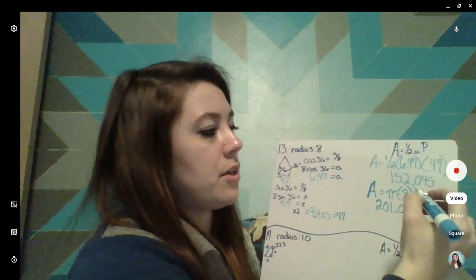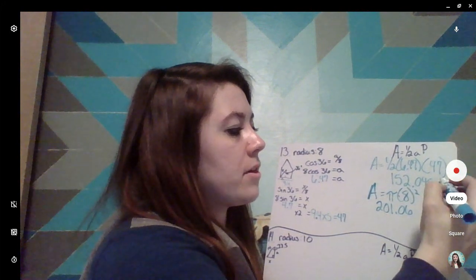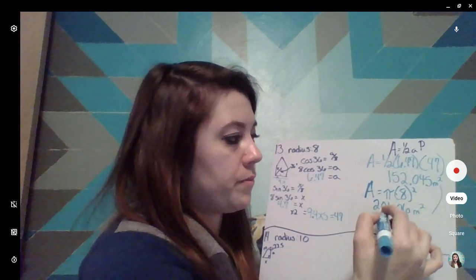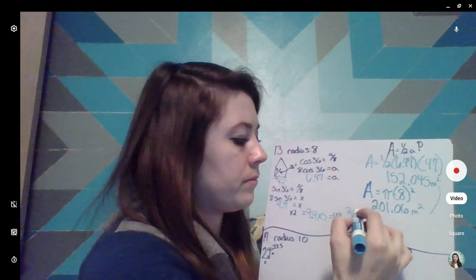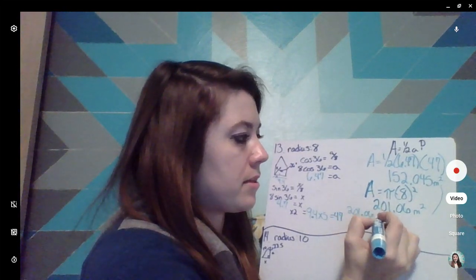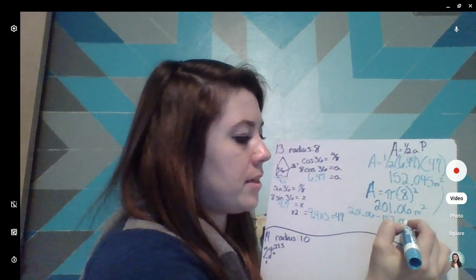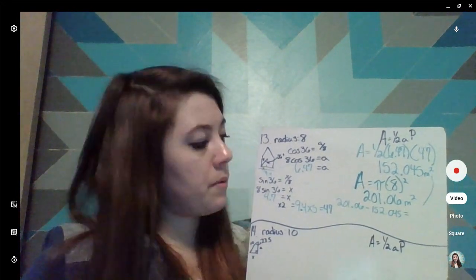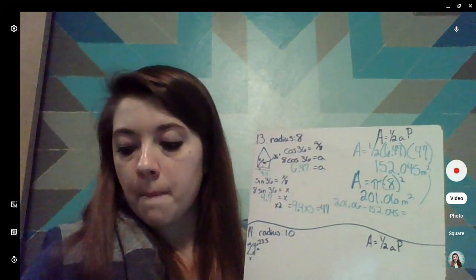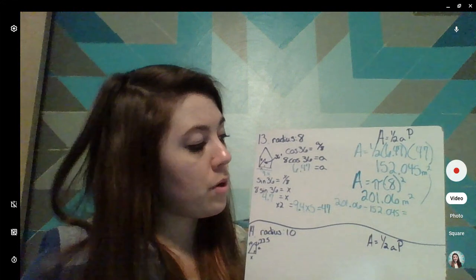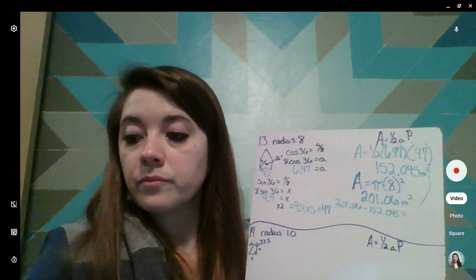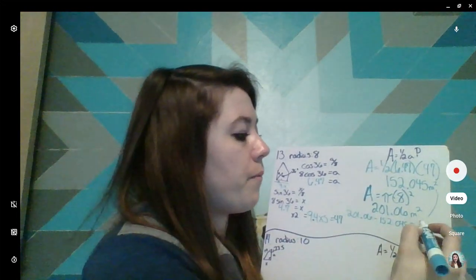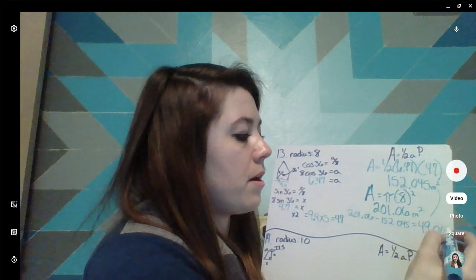And now what we're going to do, sorry, I forgot labels. This is meters squared, meters squared. Now we're going to subtract these two. So 201.06 minus 152.045, and we end up with 49.015.